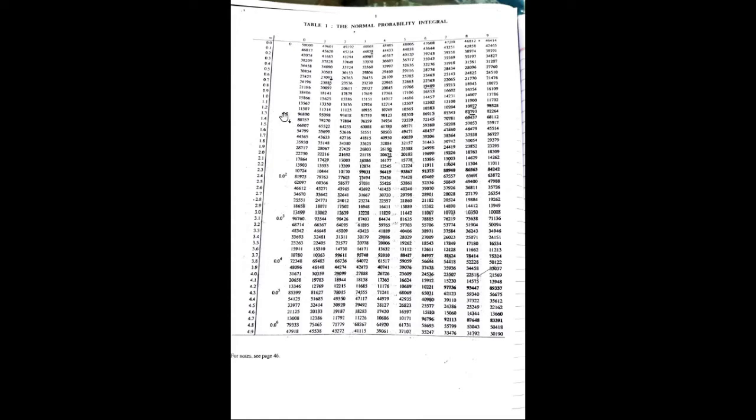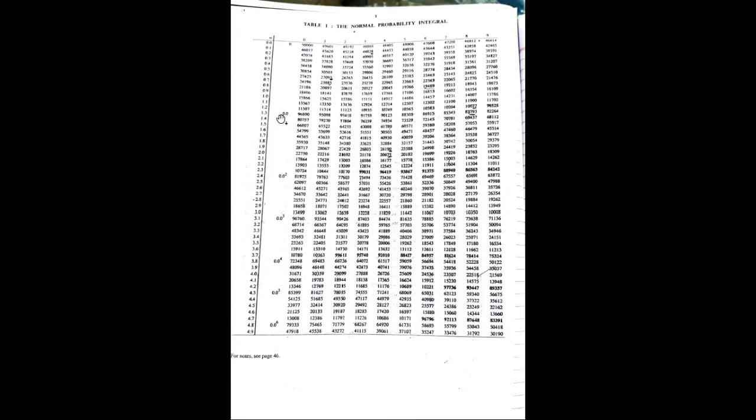If you observe 1.29, the value is in bold. See 1.28, the value is 10027, and after that the value is 98525. So this value is printed in bold letters.